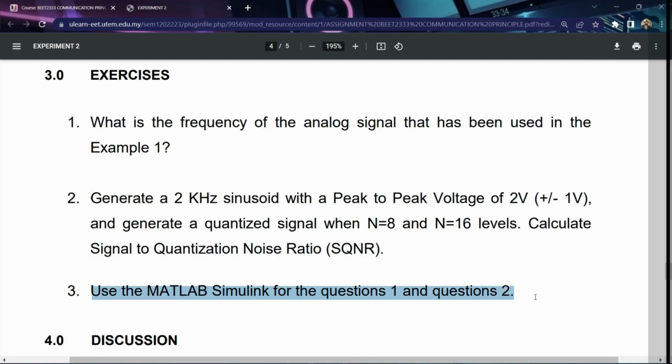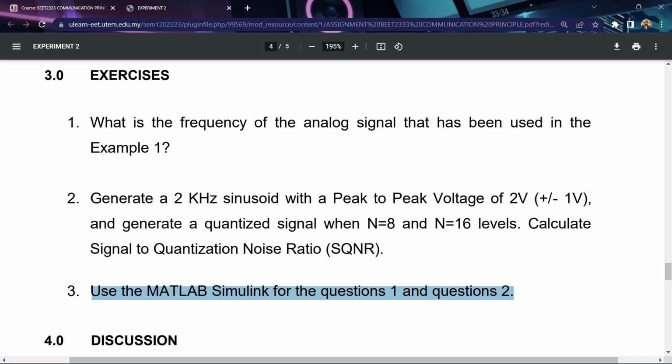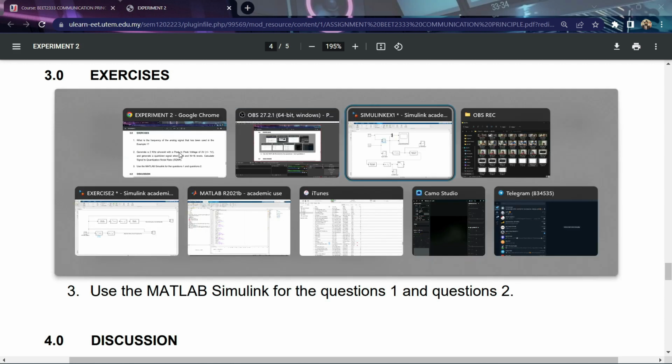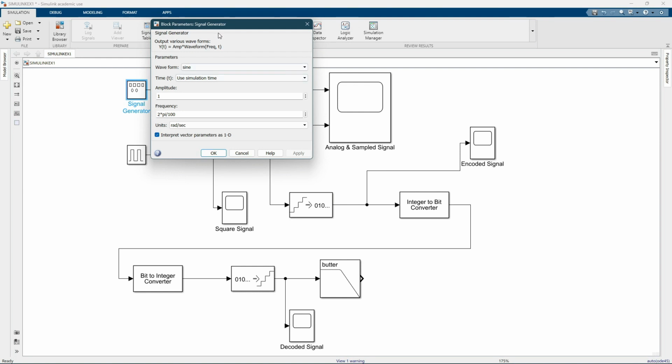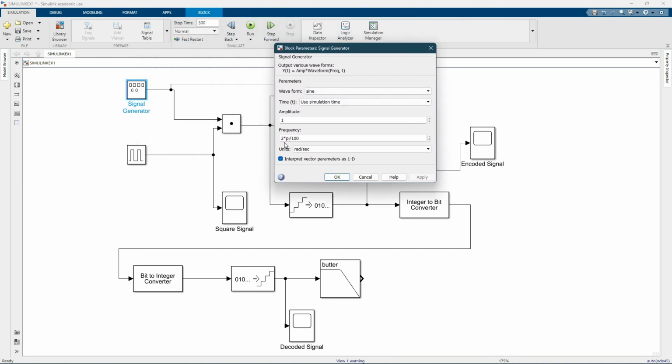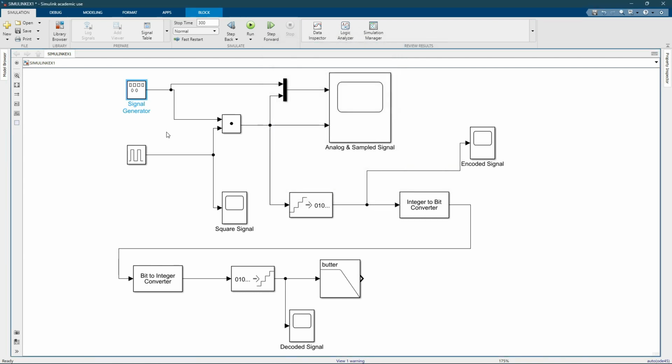Explain about exercise 3. Exercise 3 is to use MATLAB Simulink for question 1 and question 2. For question 1, what is the frequency of the analog signal that has been used in example 1? So this is the Simulink for example 1. In example 1, the frequency of the sine wave is 2 pi, but we divide by 100 because the step is 0.01.